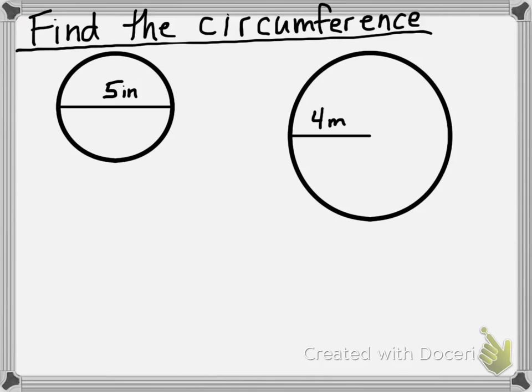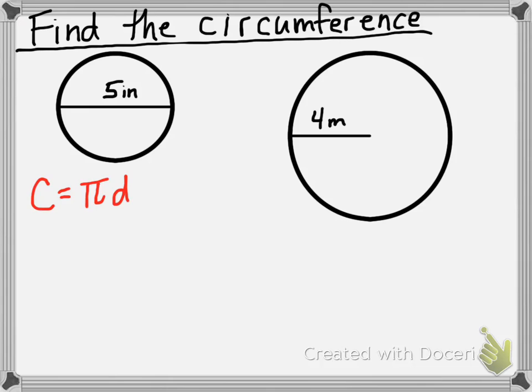For the first one, just like with polygons, I first have to know which shape I'm dealing with. Well, I'm dealing with a circle. That's easy. Now I need to know which formula. I'm using the circumference formula, so that's circumference equals pi times diameter.